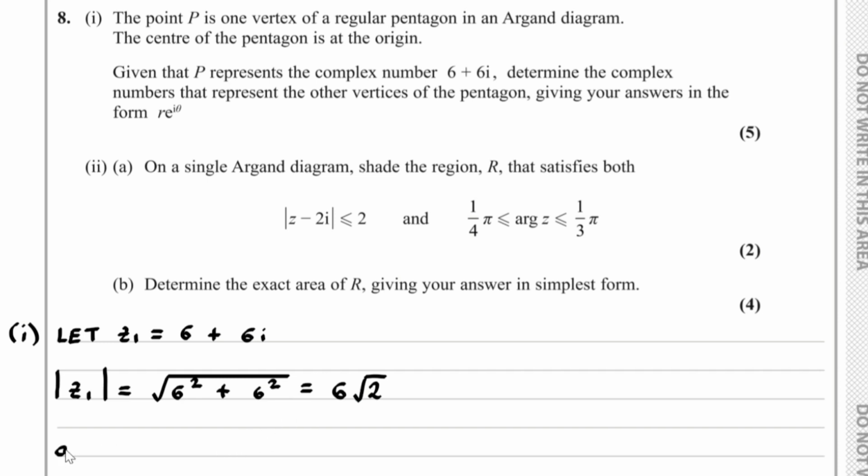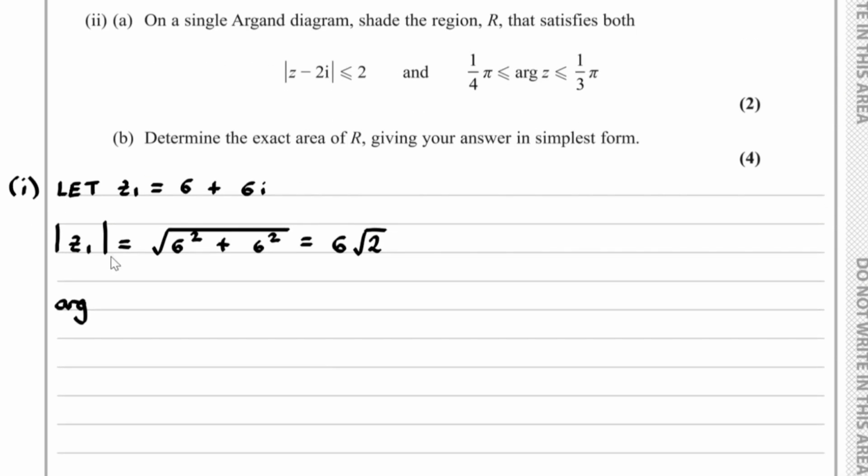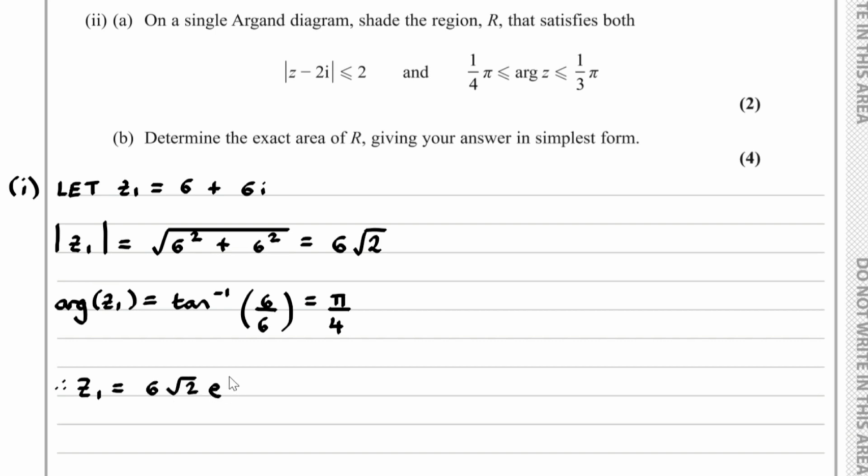And the argument of z1 is equal to the inverse tangent of 6 over 6, which is pi over 4. So we can conclude in mod arg form, z1 is equal to 6 root 2 e to the power of i pi over 4.